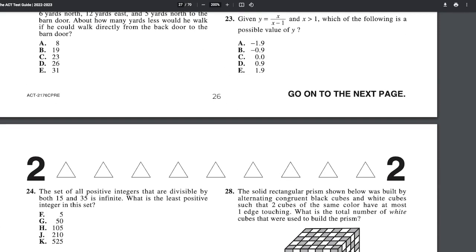Like this prism one. This prism one was definitely something, but it wasn't that bad, in my opinion. If you just knew that length times base times height of a prism gives you the volume, then you could use that information. It really depends how you see the problem, how you read it, how you understand it.